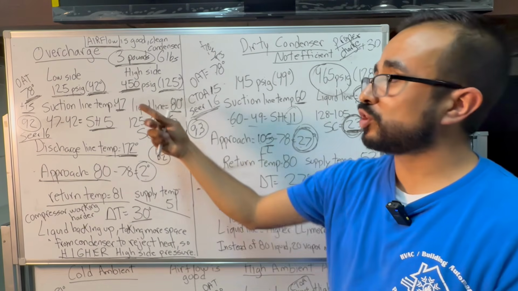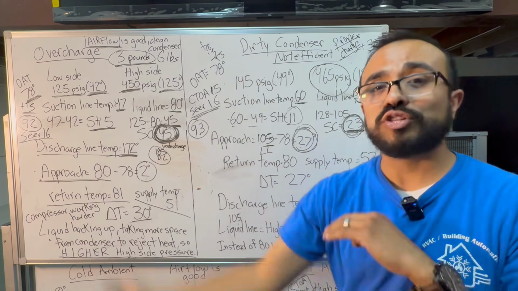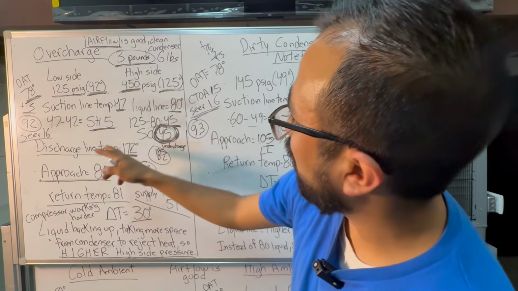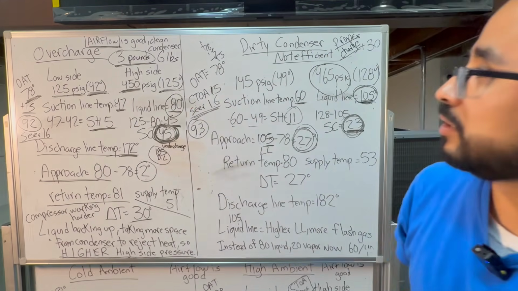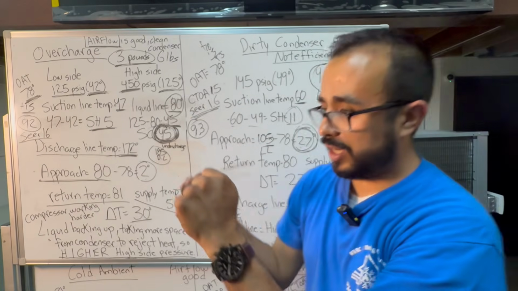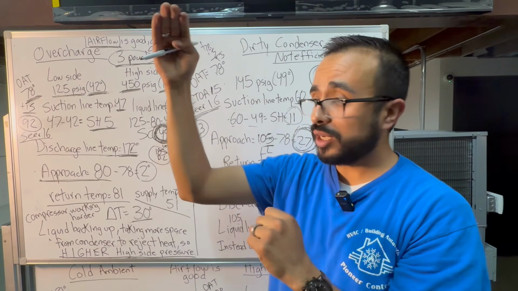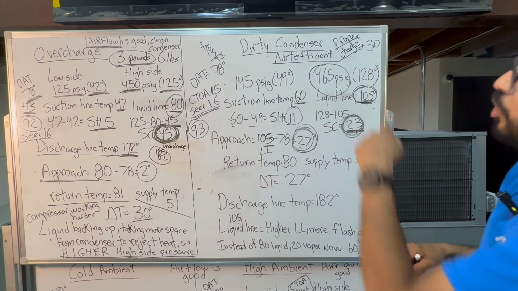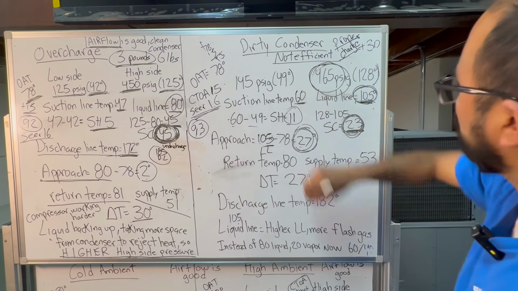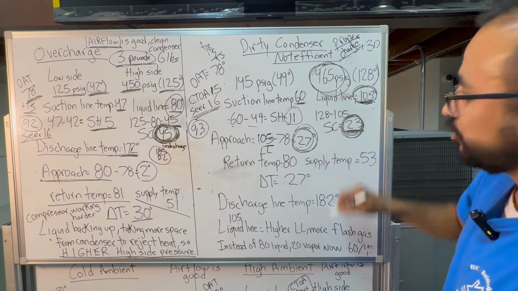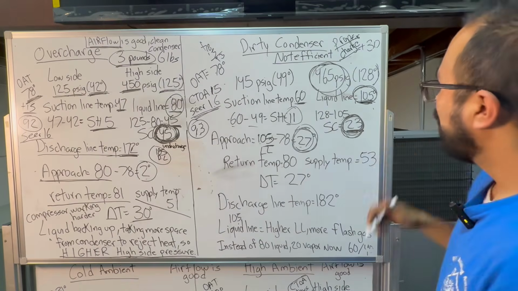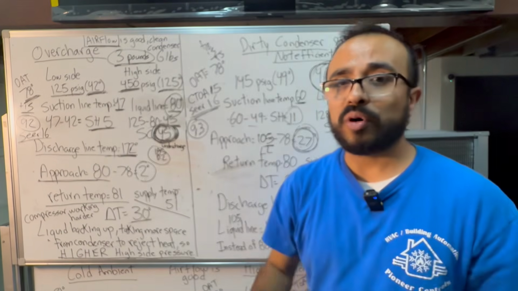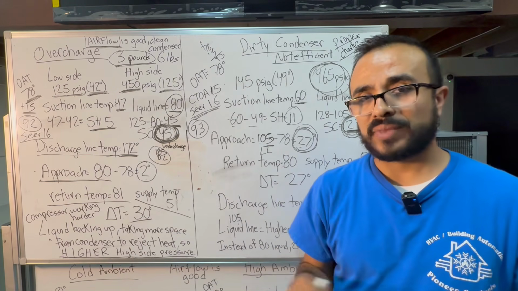A system that's overcharged, your subcooling is going to be super high, but my liquid line temperature is going to be a lot lower, right? That's the key. Overcharge: high head pressure, high subcooling, but my liquid line is a lot lower. A dirty condenser: high head pressure, you got this fake subcooling, although it is subcooling, and then your liquid line is high, too high, 105. More flash gas, less cooling.